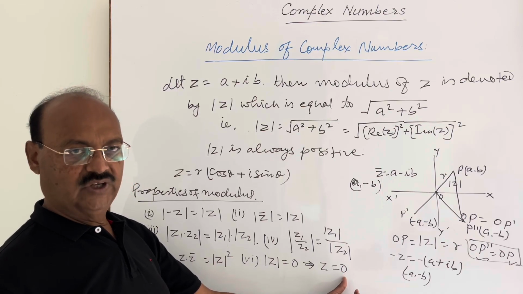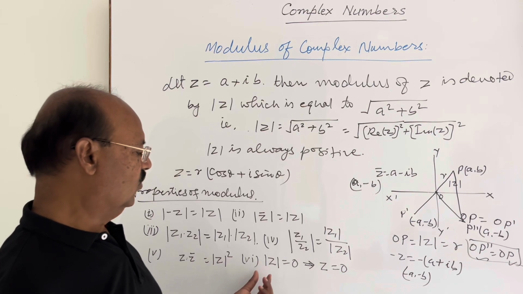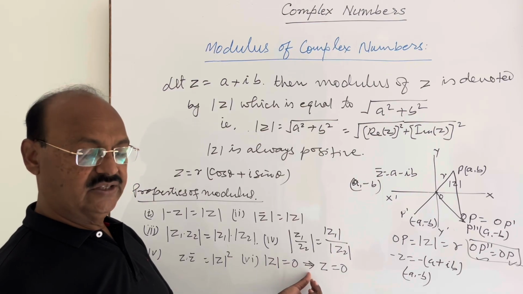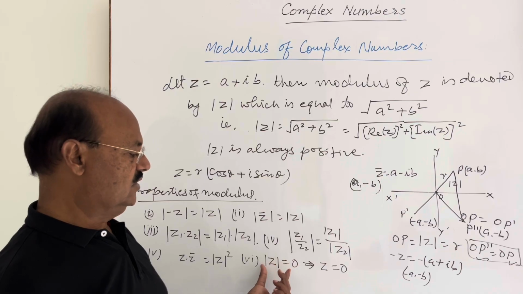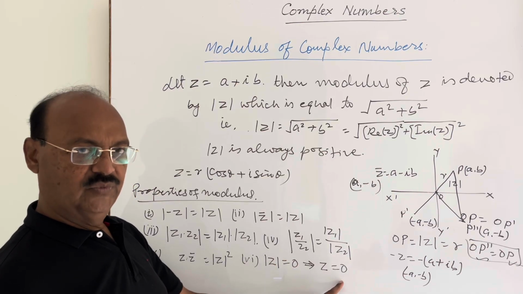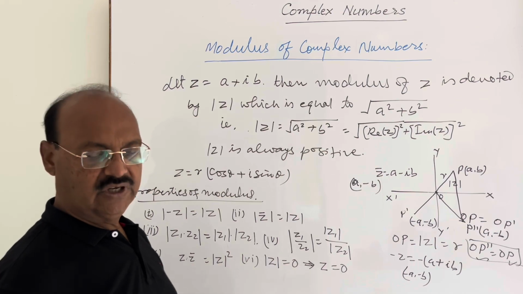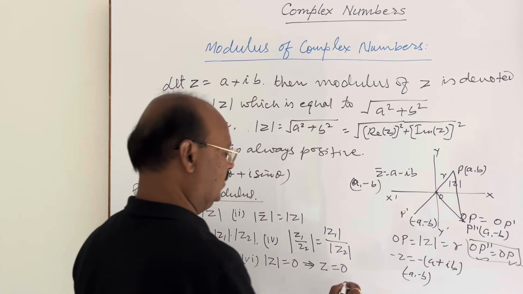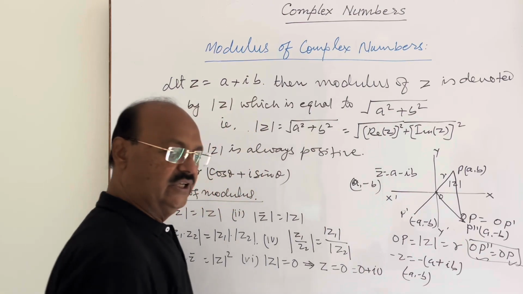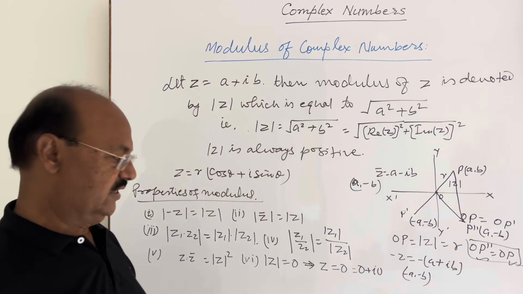Correct? Because you know that modulus is equal to square root of real part square plus imaginary part square. So this will be 0 only when complex number z is 0. And 0 is also a complex number, we should know, because 0 is nothing but 0 plus i0. So 0 is also a complex number.